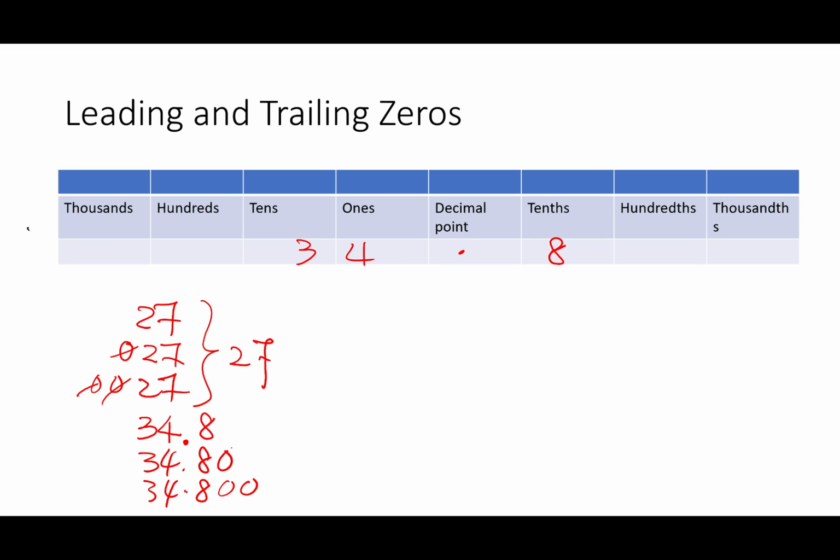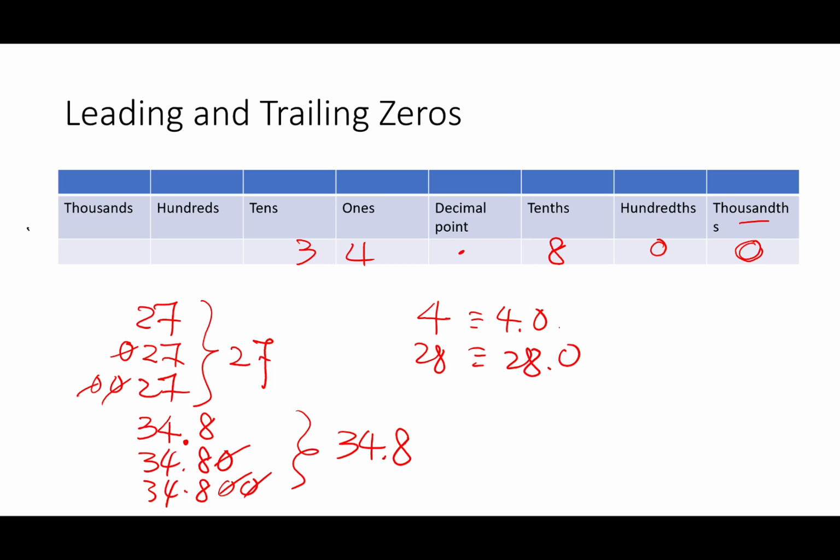The 0 behind the 8 here, if we put it into the table, we will see that it represents 0 of 100 and 0 of 1,000. That means this one here actually carries no value. Therefore, they all represent the same value, 34.8. So we can easily see that a whole number, for example 28, can be written as 28.0. These are essentially the same.